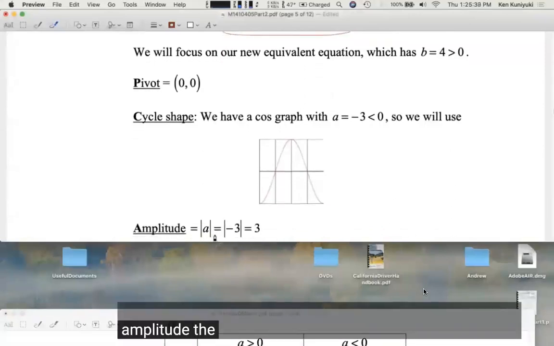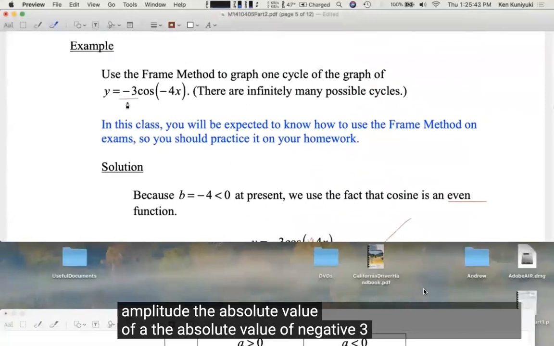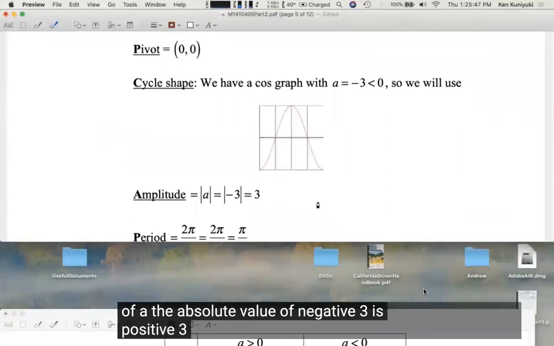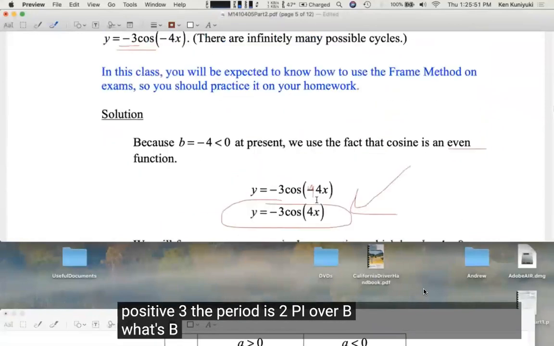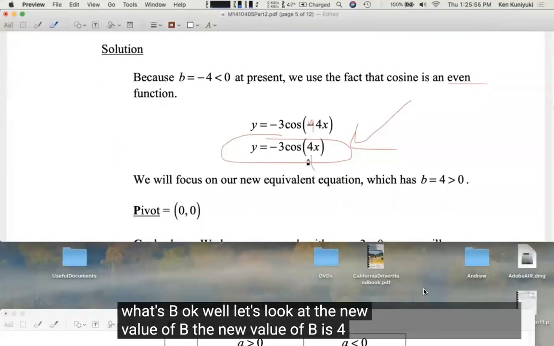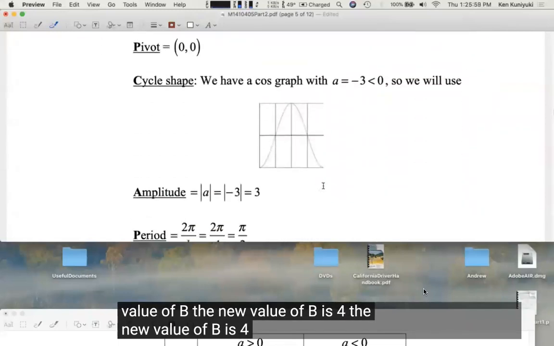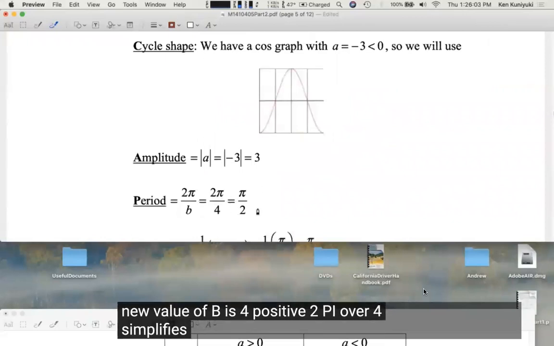Amplitude, the absolute value of A: the absolute value of -3 is +3. The period is 2 pi over B. What's B? Okay, well, let's look at the new value of B. The new value of B is 4, positive. 2 pi over 4 simplifies to pi over 2.